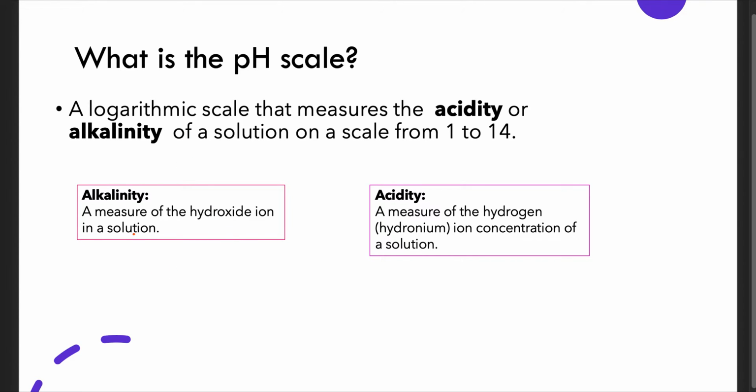So something that's very high in alkalinity is going to be a base because it has a stronger concentration of hydroxide ions. Acidity is a measure of the hydronium ion concentration of a solution. So something that's really acidic is an acid. It's not to say that only acids have an acidity measure. Something that's a base can have a very low acidity.